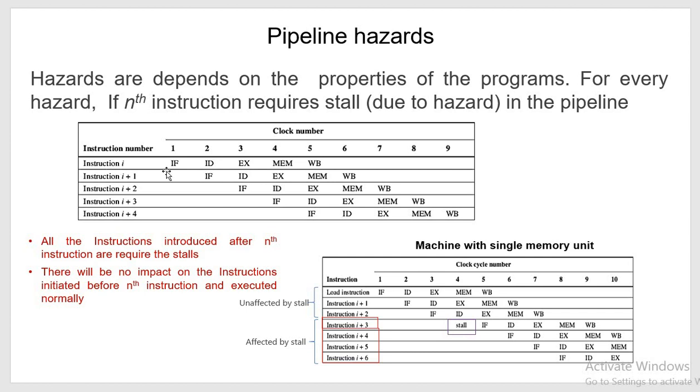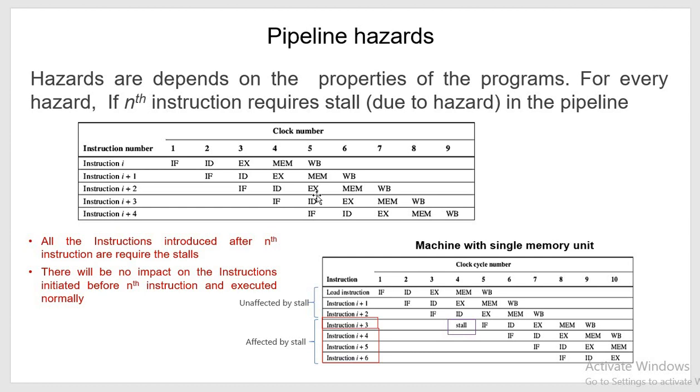For the first instruction in the first clock cycle, the opcode will be fetched. In the second cycle, the first instruction moves to the decoding stage, and at the same time the second instruction is fetched. In the third clock cycle, the first instruction moves from decoding to execution, the second instruction moves from fetching to decoding, and the third instruction is fetched, and the process goes on.